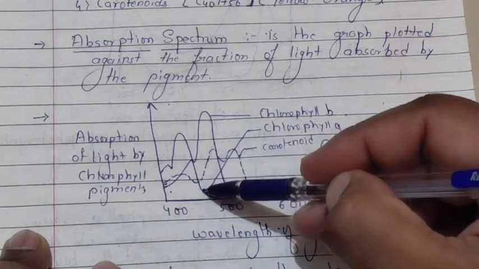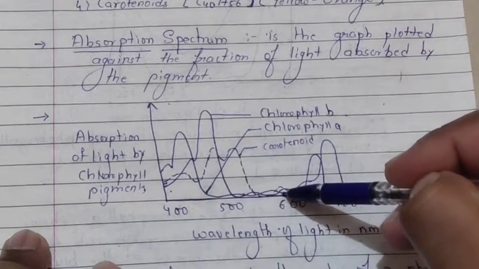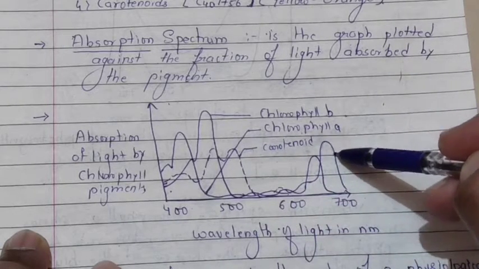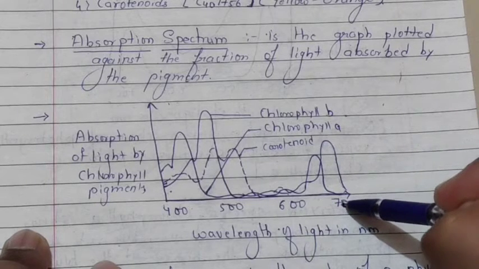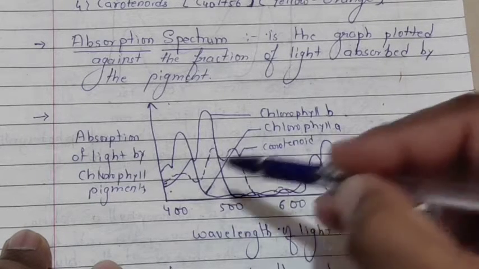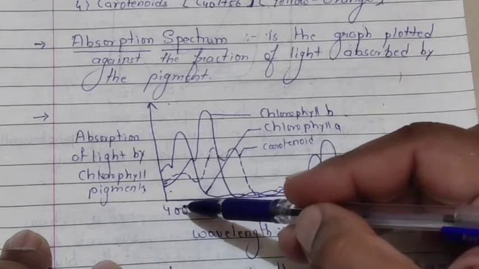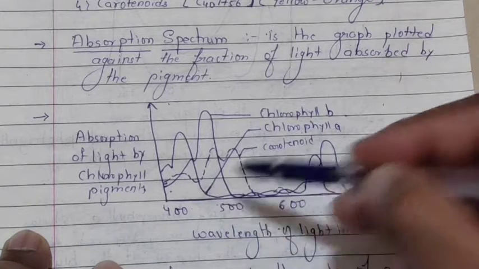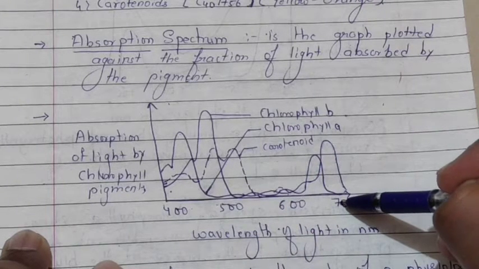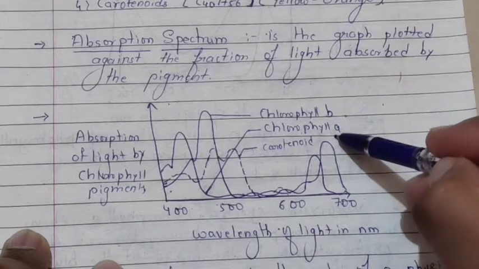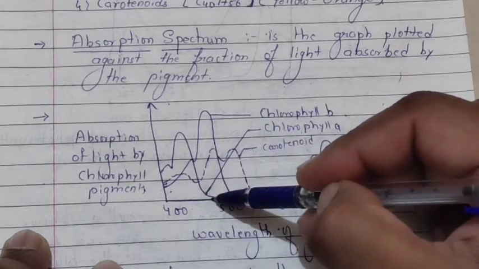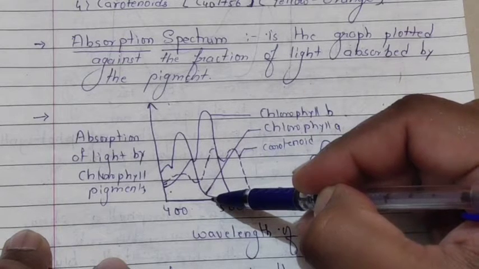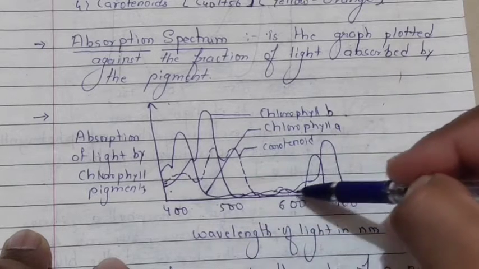Afterwards its absorption decreases towards 500 to 600 nanometer, and then once again it shows maximum absorption towards 700 nanometer. That means 400 to 500 nanometer comes between violet and green color, whereas 700 is towards red color. That means the chlorophyll A molecule is going to absorb a large amount of violet, indigo and blue color as well as red color.